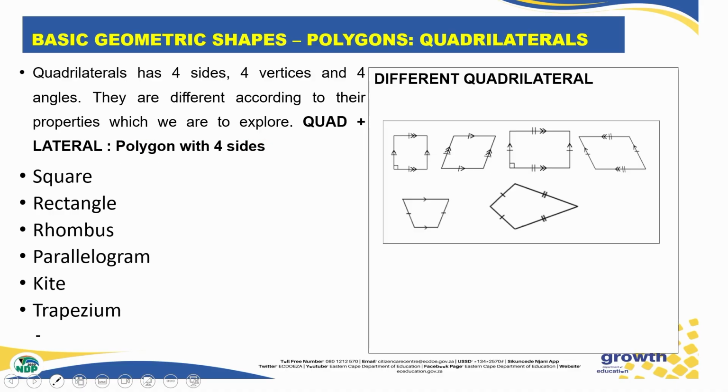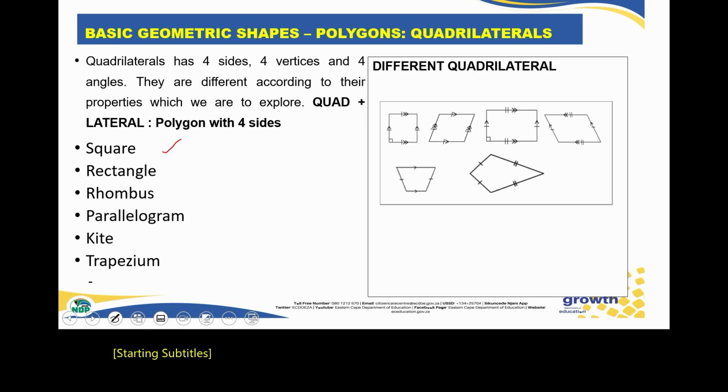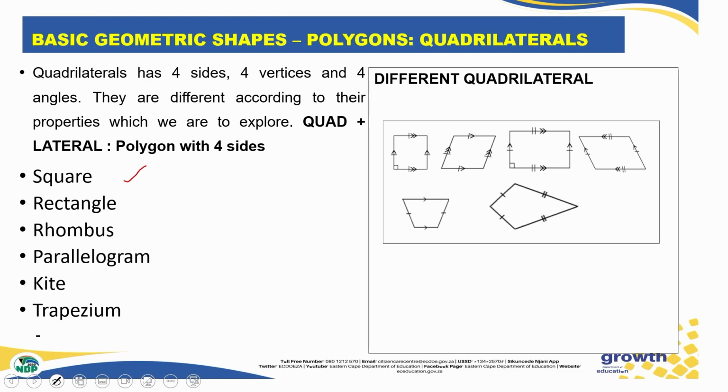We have different types of quadrilaterals. We have a square, a rectangle, a rhombus, a parallelogram, a kite, and a trapezium. Now, what is a square? Yes, it has 4 sides. It is a quadrilateral, but it is a special quadrilateral. These polygons all have 4 sides, and they are different irrespective of that.